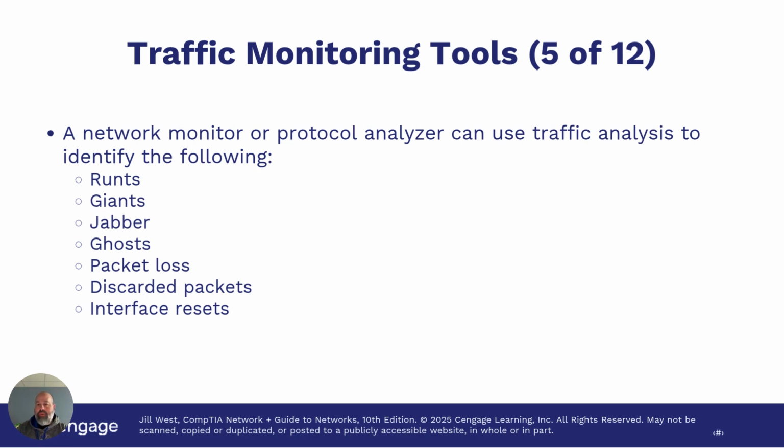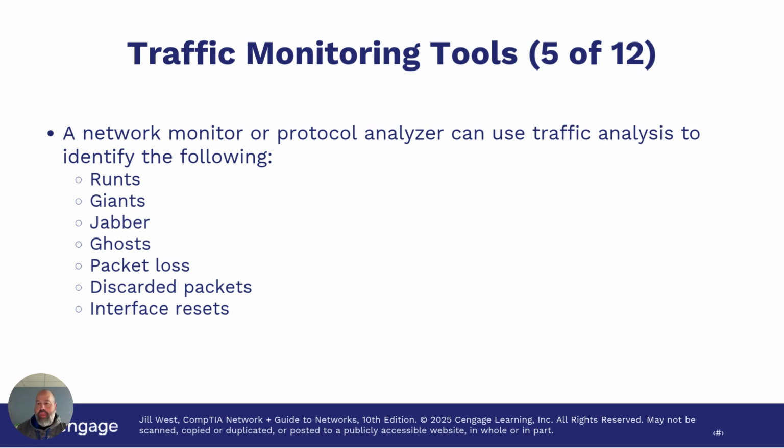Next slide. Network monitors and protocol analyzers can identify all sorts of problems. Runts are packets that are too small, kind of like the runt of the litter, but for data. And giants are packets that are too big. Think of them as, if you're a wrestling fan, remember Andre the Giant? They're the Andre the Giants of packets.